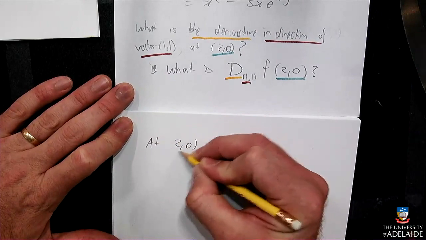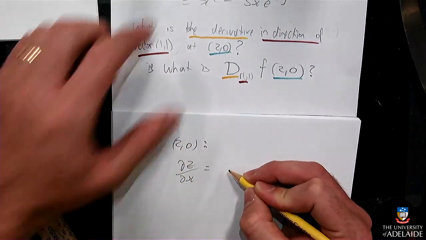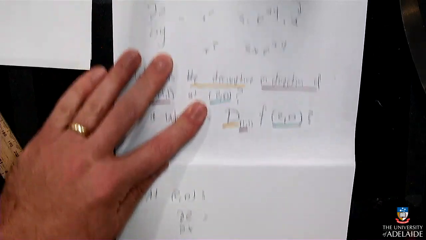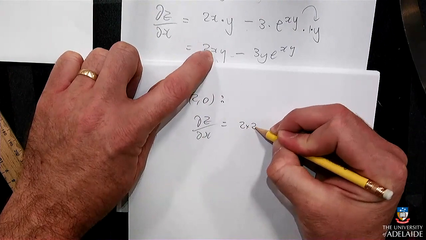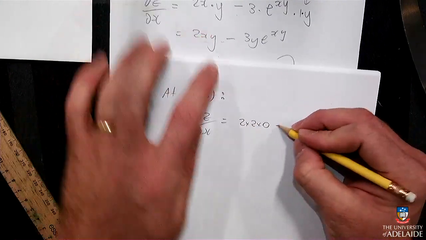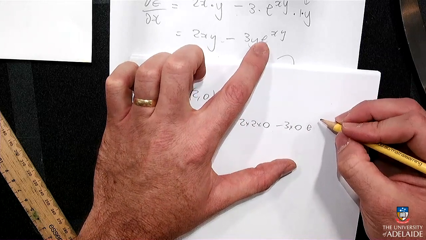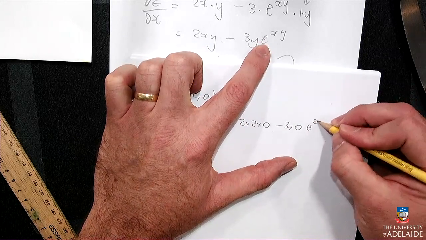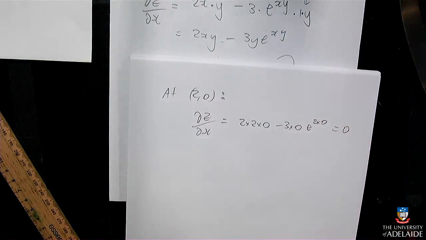At 2, 0, dz on dx is 2 times 2 times 0 minus 3 times 0 times e to the 2 times 0, which is 0.